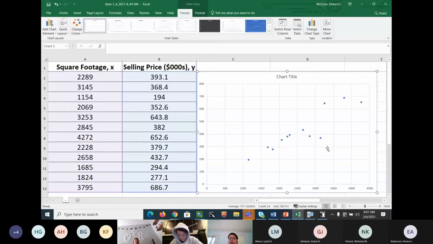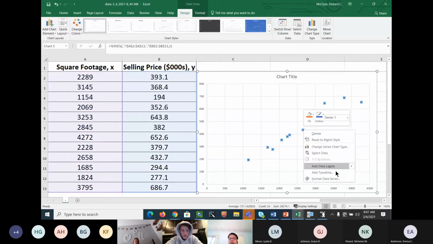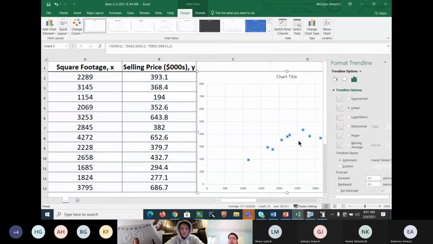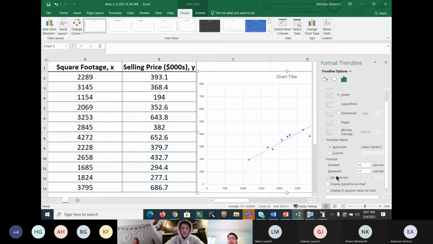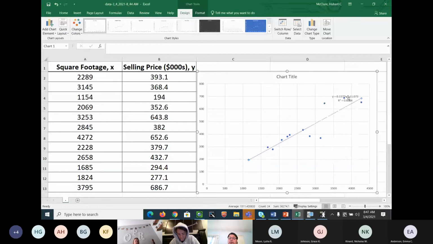Okay, so here's the scatter plot, and I'm going to go ahead and do all the stuff that we need to get. Is this what you're talking about, Mr. King? Yes, sir. Let's see what your calculator and my Excel spreadsheet come up with. All right, there's mine. Compare it with yours.